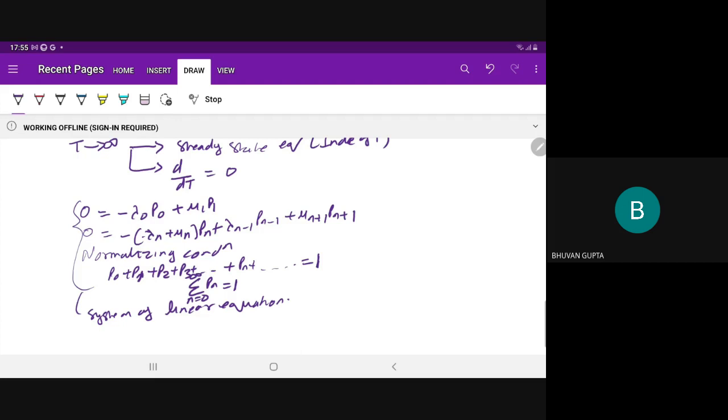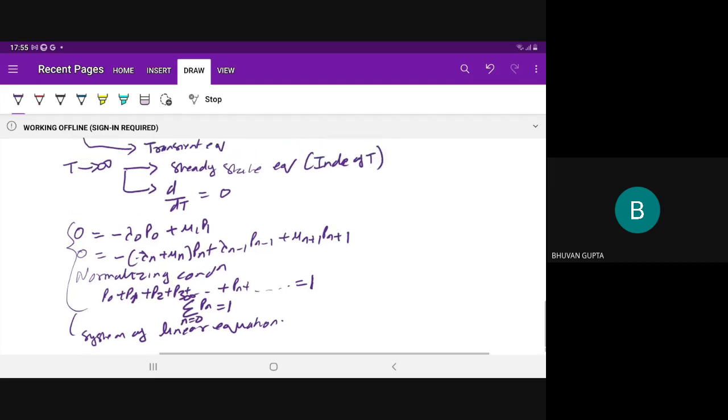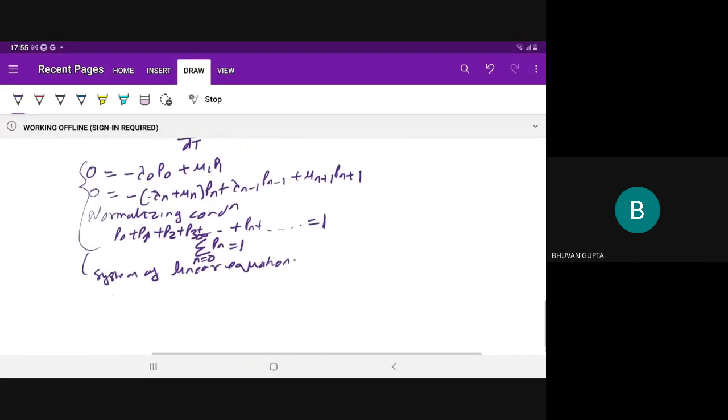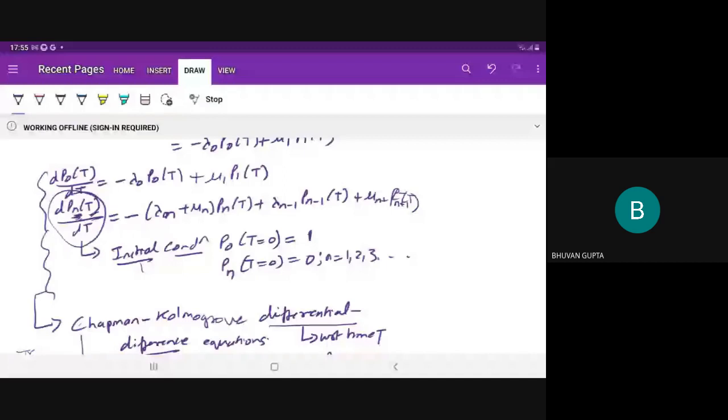So we now solve the system of linear equations with the normalizing condition. If you want the steady state solution, if your analysis is steady state, then you have to solve the system of linear equations under the normalizing condition, and otherwise the system of differential difference equations with the initial condition.